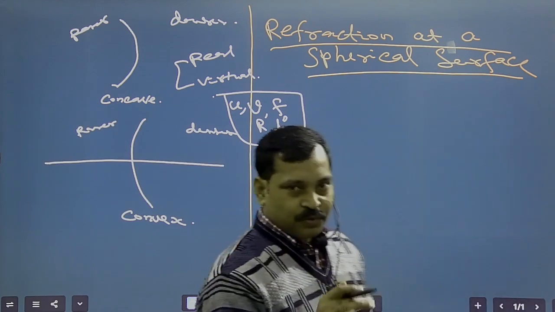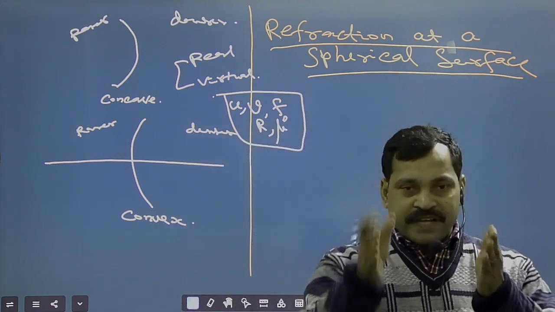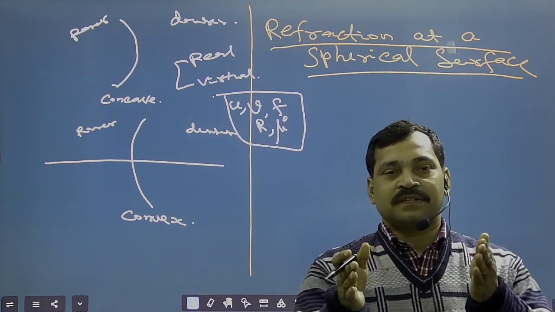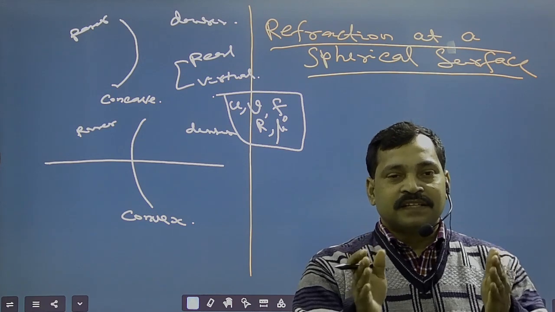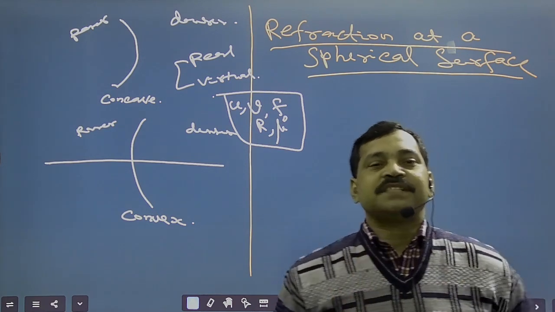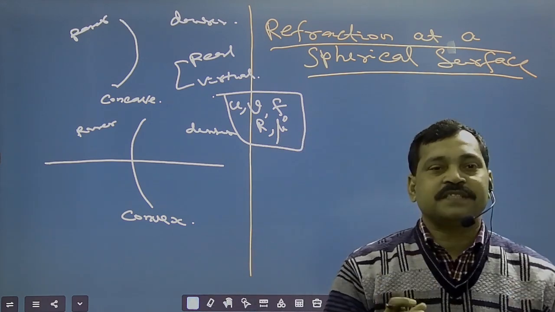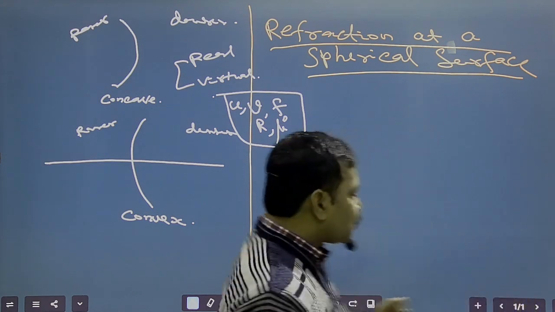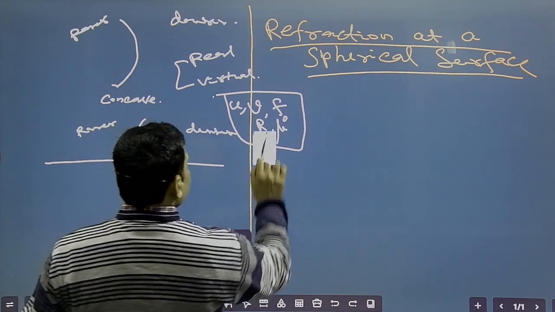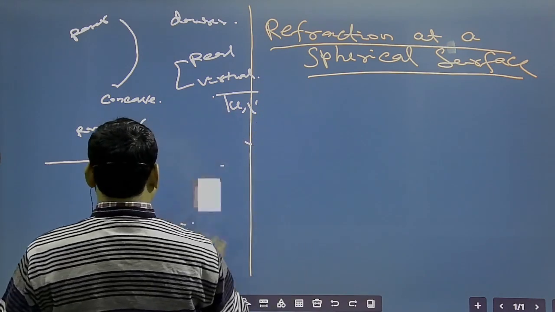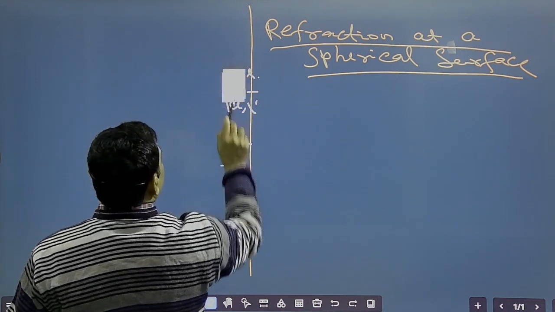So here we will be discussing the refraction at a convex spherical surface, where the object is at the rarer side and the image is formed at the denser side, and the nature of the image is real, right? So here we will be considering a convex spherical surface, only one surface.